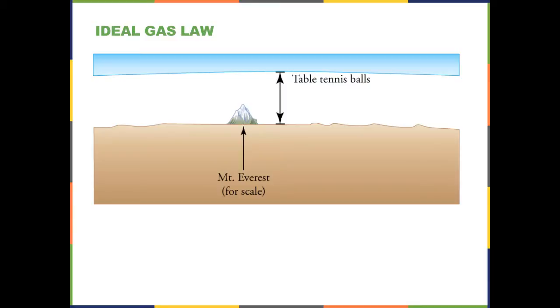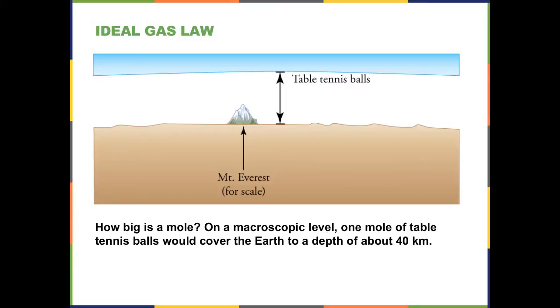Now, it's very difficult to measure individual molecules. And so what we do, as you know, having been in chemistry class, is we look at a mole of molecules. A mole of molecules is 6.02 times 10 to the 23rd molecules. And if these were the size of table tennis balls, they would cover the Earth to a depth of 40 kilometers, or about 2.5 times the height of Mount Everest.